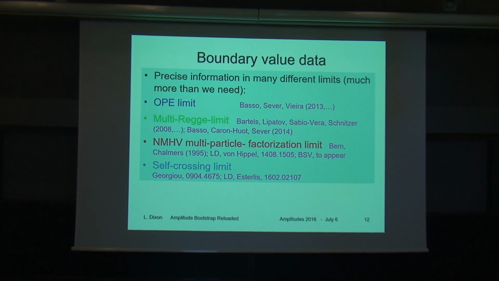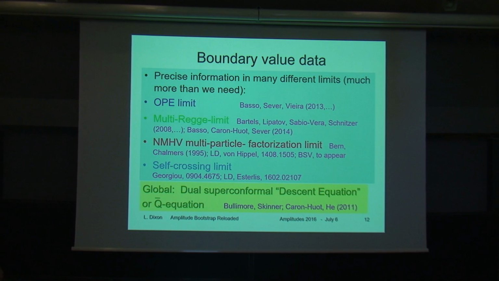There's also a multi-Regge limit, which was also described earlier in this program by Benjamin and also by Claude Duhr. And so I won't actually say that much about it, even though that's one of the boundary conditions we can use to fix some constants. And then there are a couple other limits, which I will say a little bit about later in the talk. You have multi-particle factorization, and there are certain self-crossing limits of Wilson loops that are quite interesting.